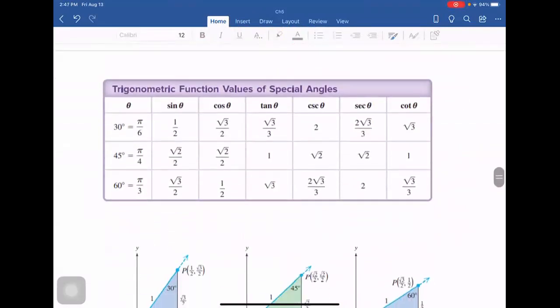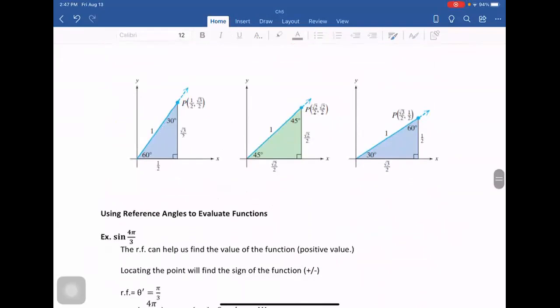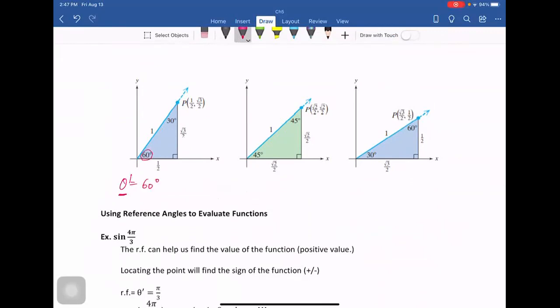Okay, let's see. This one we have learned before. So you just memorize these special angles' trig functions. And next picture, we have learned this. For the acute angle, the reference angle theta prime equals 60 degrees.